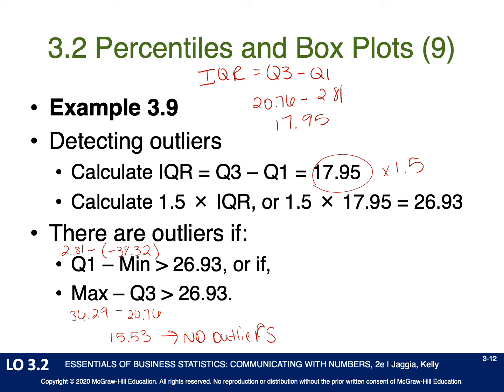So 2.81 minus a negative 38.32 gives me 41.13. Let me rewrite that, I didn't write that very clearly. 41.13. And since 41.13 is greater than 26.93, we know that there are outliers on this end.